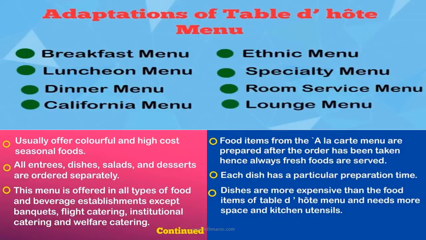So the a la carte menu is a little bit more sophisticated than the other one. And we're going to see the adaptations of this menu and see how it's different from the other one.